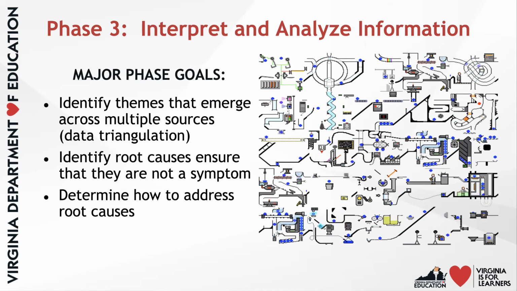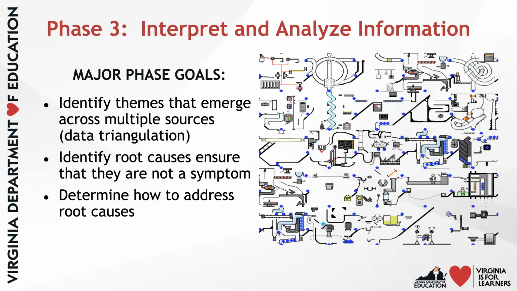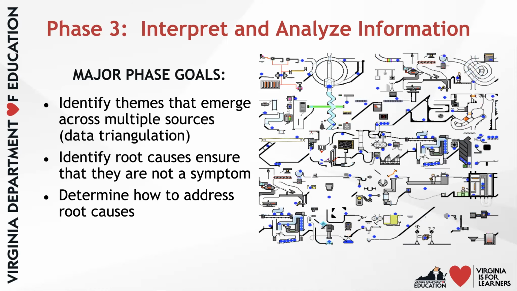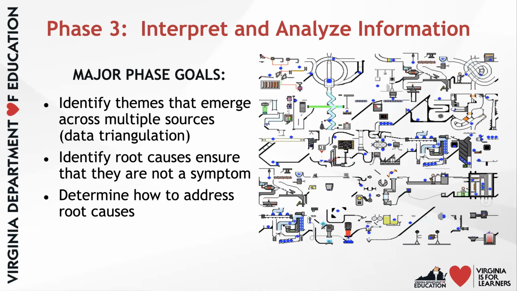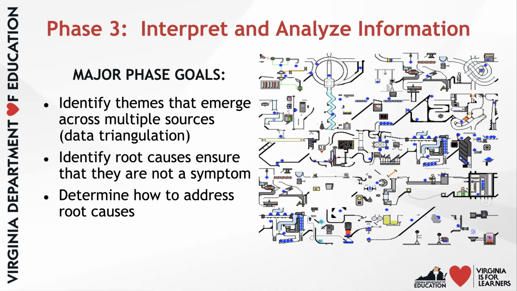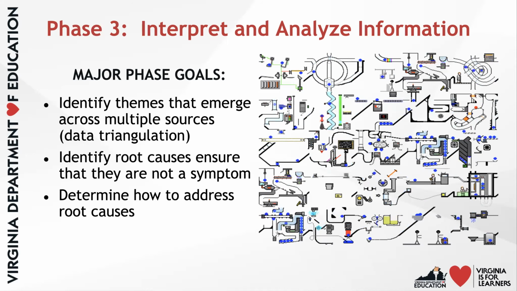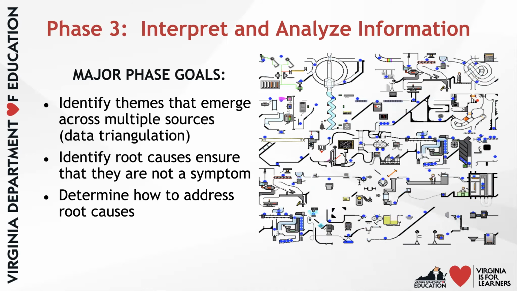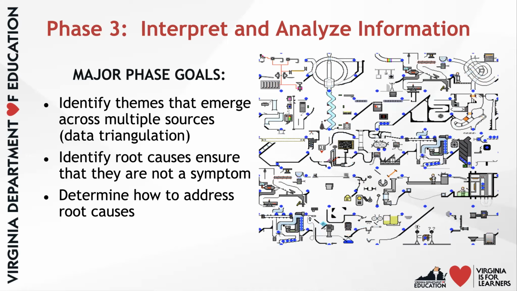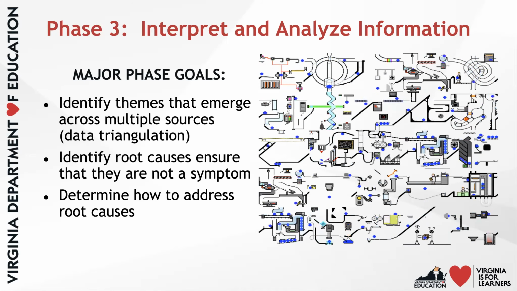The data analysis should seek to identify themes that emerge across multiple sources. This is often referred to as data triangulation. Data triangulation is used to confirm areas of strength and concern by analyzing separate data sets and metrics to discover trends and answer questions.